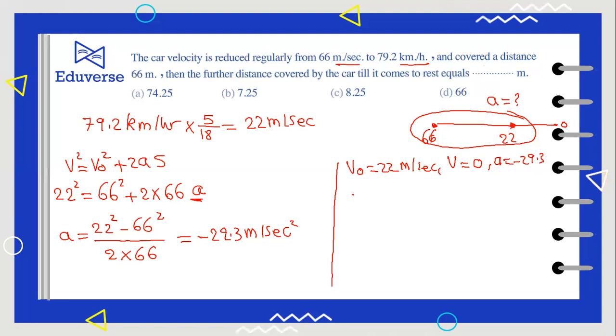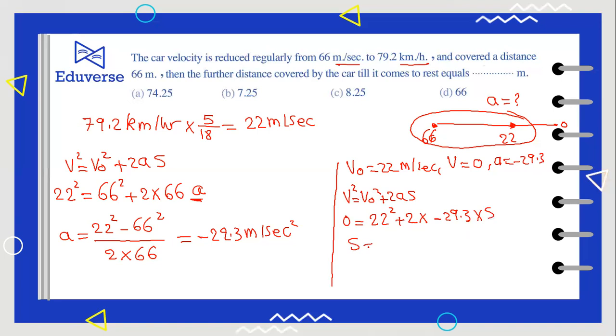Then the rule, V square equals V node square plus 2as. V square is 0, equals V node square, which is 22 square, plus 2 multiplied by negative 29.3 multiplied by the distance.